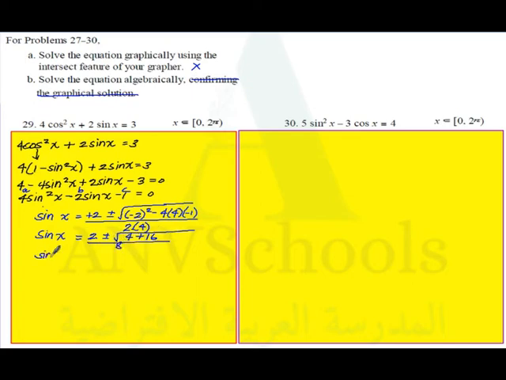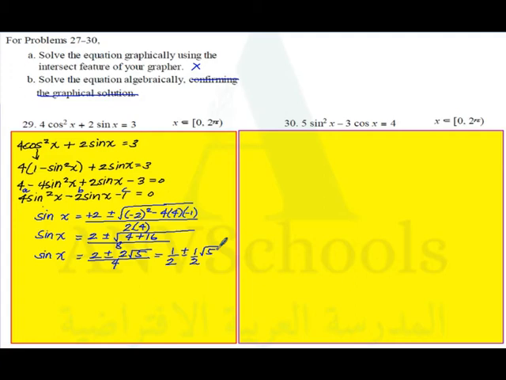So sine x is equal to 2 plus or minus 2 square root of 5 here, all over 4, so that's equal to 1/2 plus or minus 1/2 square root of 5. Okay?